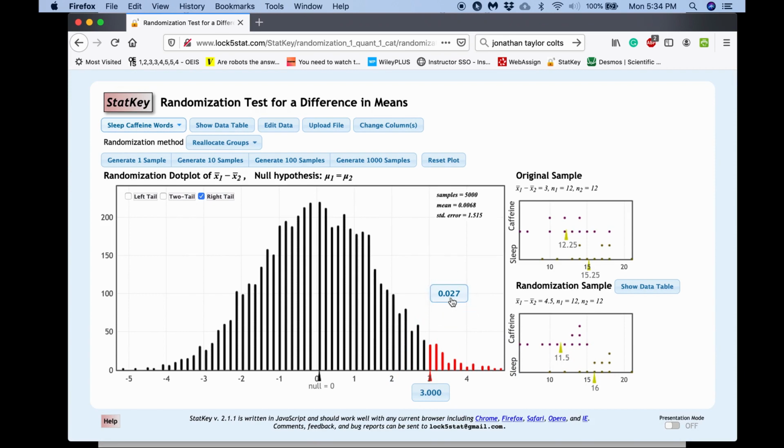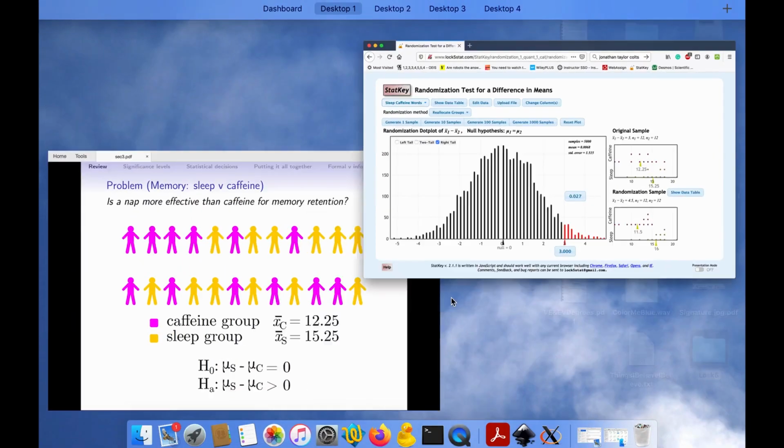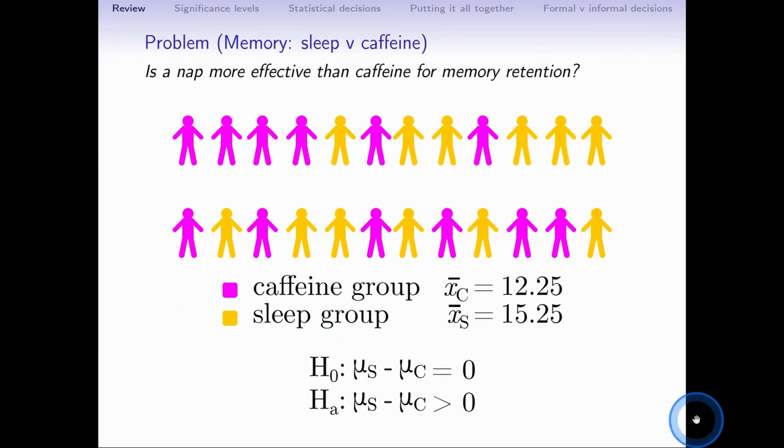What StatKey is telling us is that 0.027, that's the proportion of the dots in the dot plot that are currently colored red, and that's the p-value. So the p-value of our observation is 0.027, or as it is sometimes phrased, 2.7%. So that's our calculation of the p-value associated with this experiment and these samples.